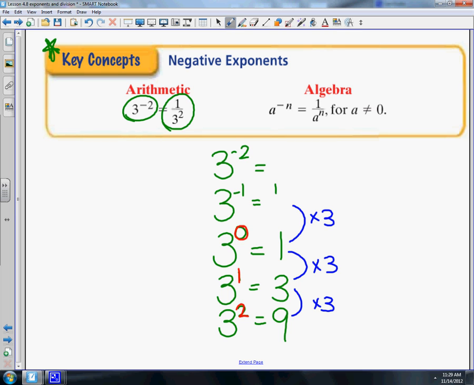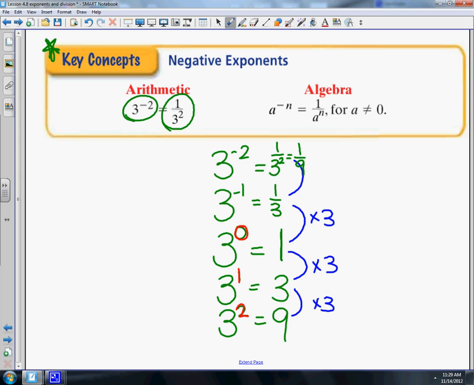It becomes 1 over 3 to the first power, or 3. So that becomes 1/3, and 1/3 times 3 is 1. So then if I go back one more, this one becomes 1 over 3 squared, which is 1/9.